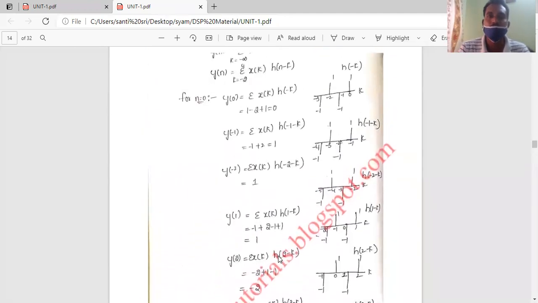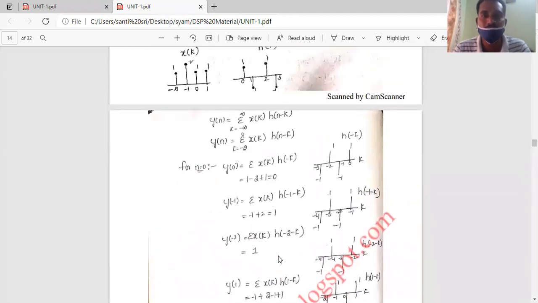So the formula for finding the convolution is y of n equals sigma k is minus infinity to infinity x of k into h of n minus k. Okay, right.